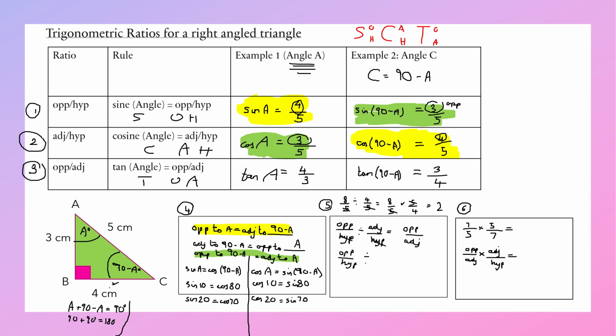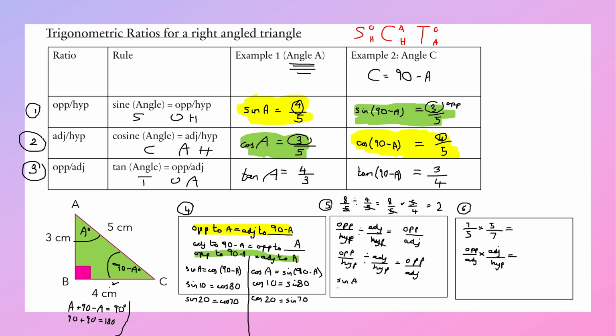I'm just going to write it out again so that you can see. Okay, so what's opposite over hypotenuse? We can call that sine A. What's adjacent over hypotenuse?